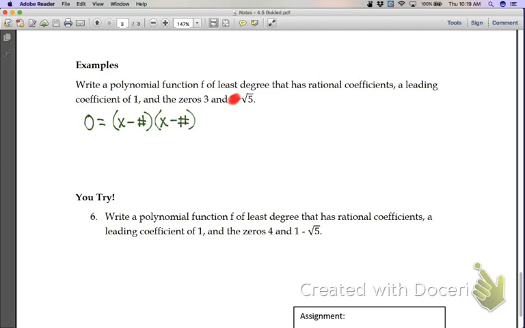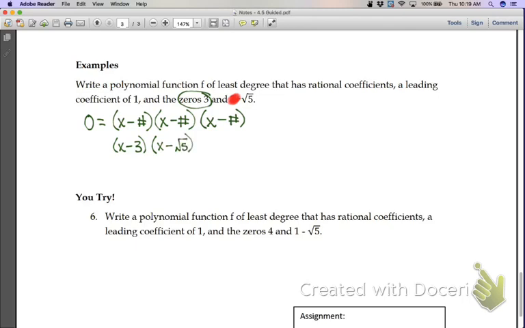So what that means is, if I have x minus a number, well, what are my zeros? My first 0 is at 3, so all I'm going to do is take x minus 3. If the second value is the square root of 5, what is x minus the square root of 5?